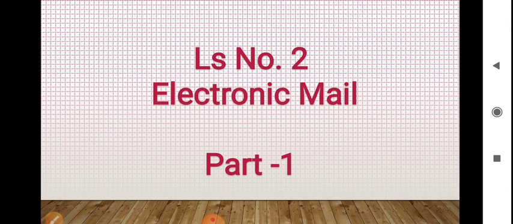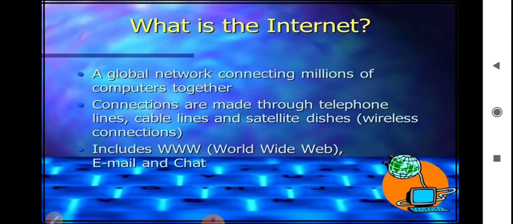In that, first we will learn about the definition of the internet, or what is the internet. A global network connecting millions of computers together. Global means the full world, which is connecting with the computers network. Connections are made through telephone lines.